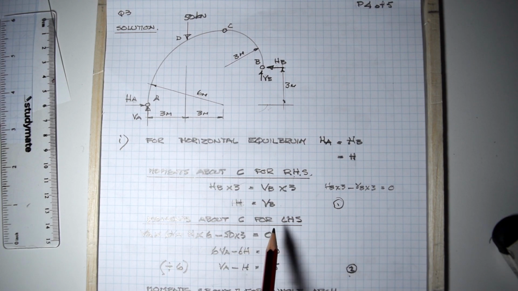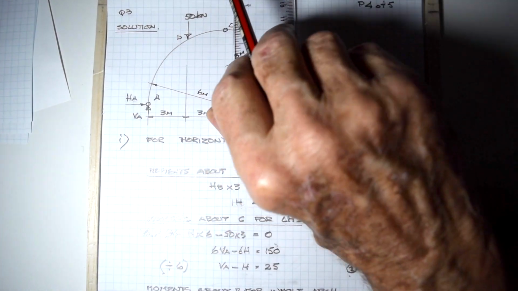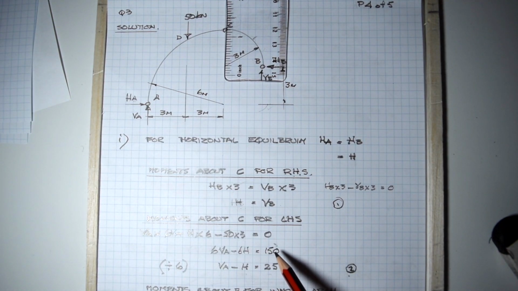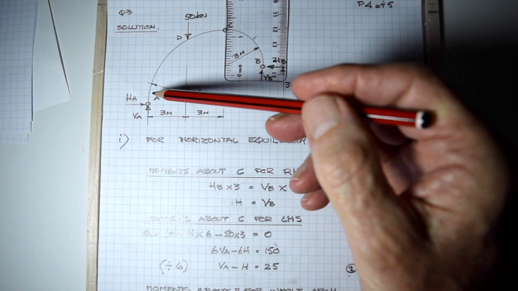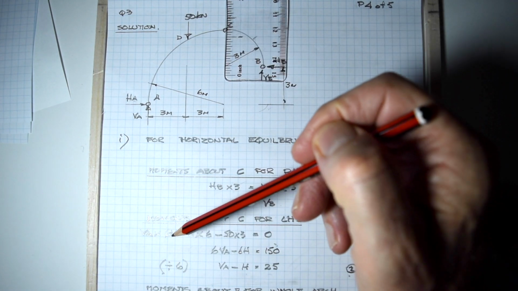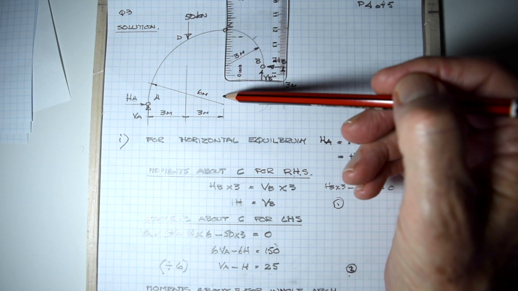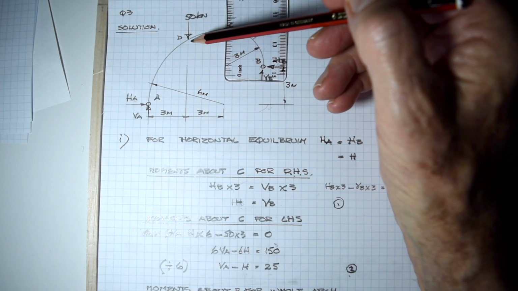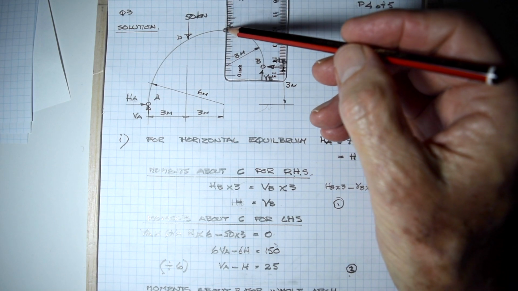So taking moments about C for the left-hand side of the arch, we have VA times 6 clockwise around C, minus H times 6, which is the radius, anti-clockwise, minus 50 kilonewtons times 3 meters, all equals 0, because the moment at C is 0.